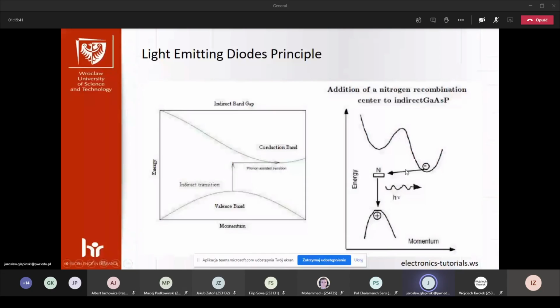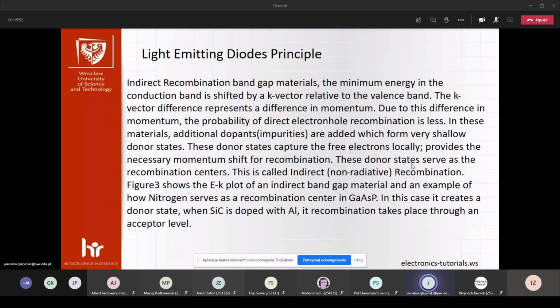So the energy moves to the higher orbit, but it goes lower, and this causes the emission of the light. So this is indirect recombination, and this is for different substances. For example, this is an example of indirect recombination substances in the PN and N substances. Okay.